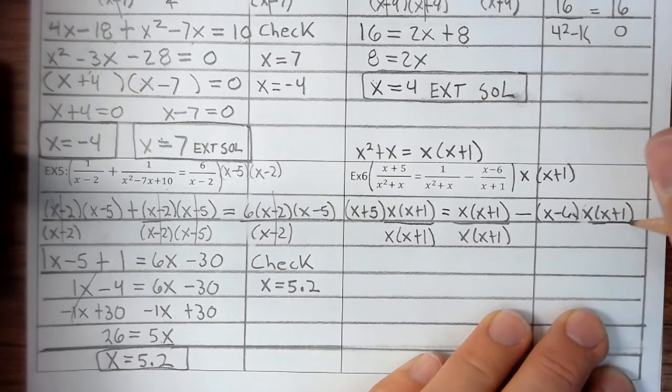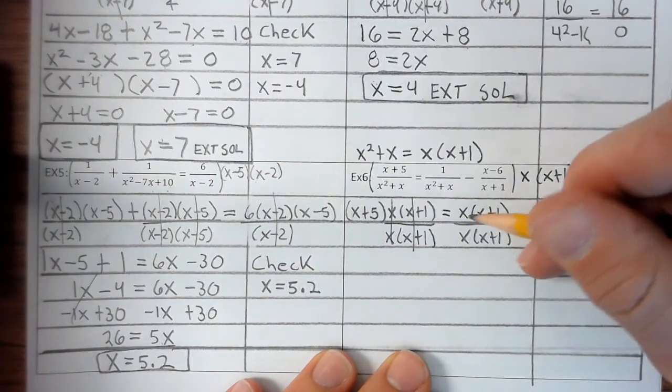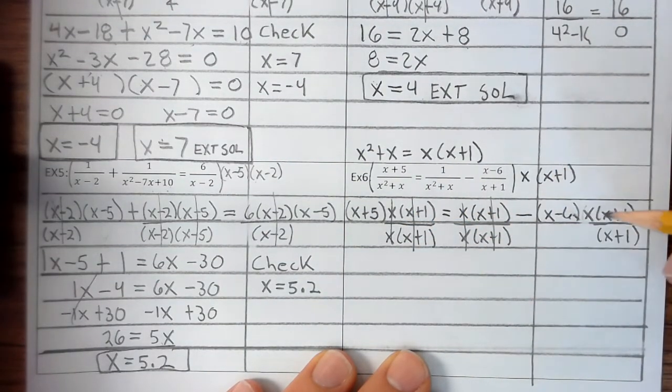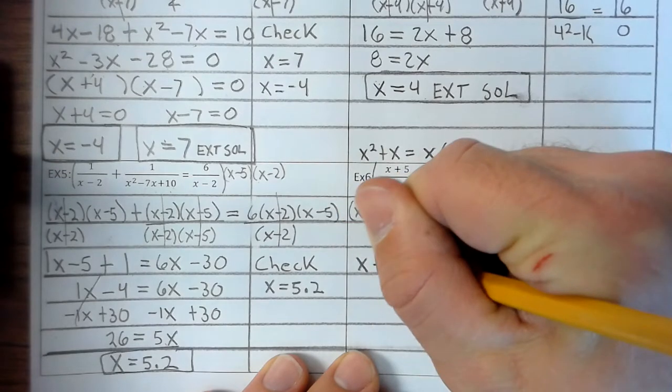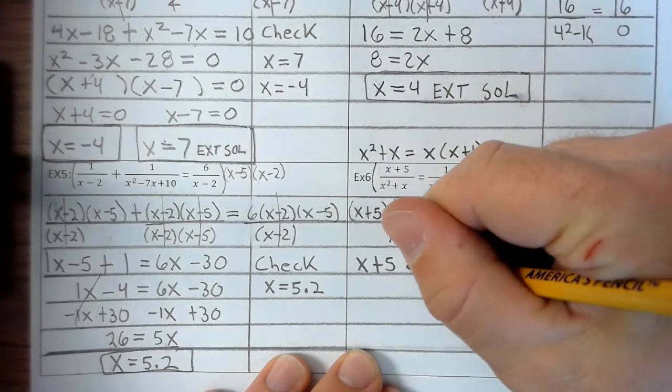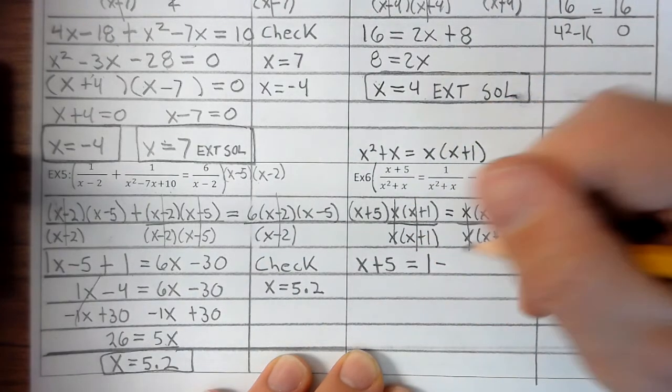Okay, so now this divides and becomes 1, 1, 1, 1, 1. So you're left with x plus 5 equals 1 minus x squared minus 6x.